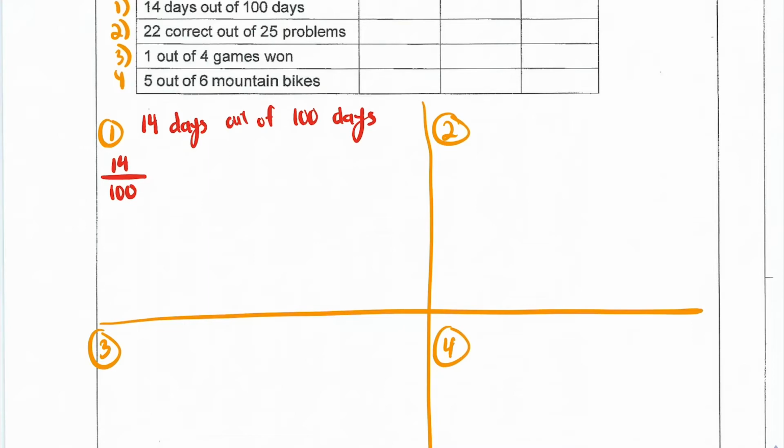Now, I think it would be in our best interest to simplify, because we like to simplify fractions, right? So let's divide by 2, because both of those are even. So I get 7 over 50. Awesome. For the sake of converting this fraction into a decimal, I'm going to keep it as 14 hundredths. Okay? So changing 14 hundredths into a decimal, well, you can read it, right? 14 hundredths.